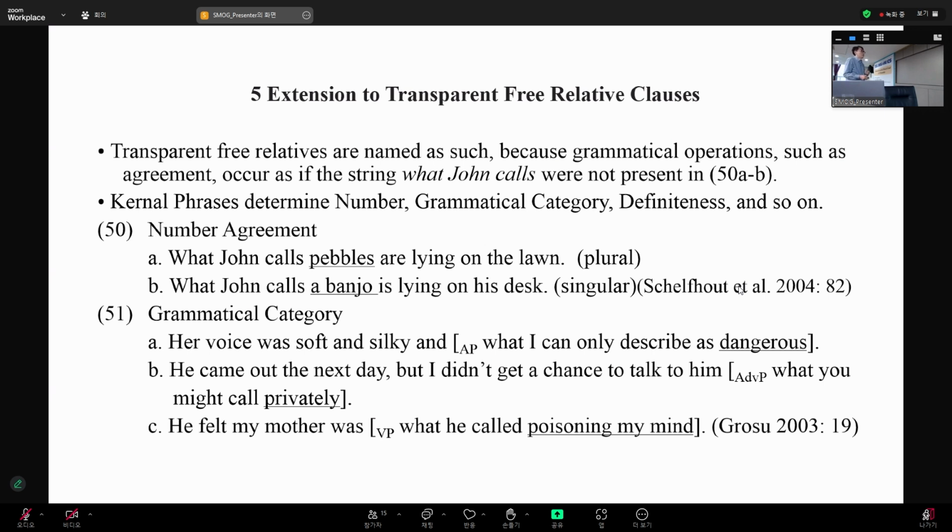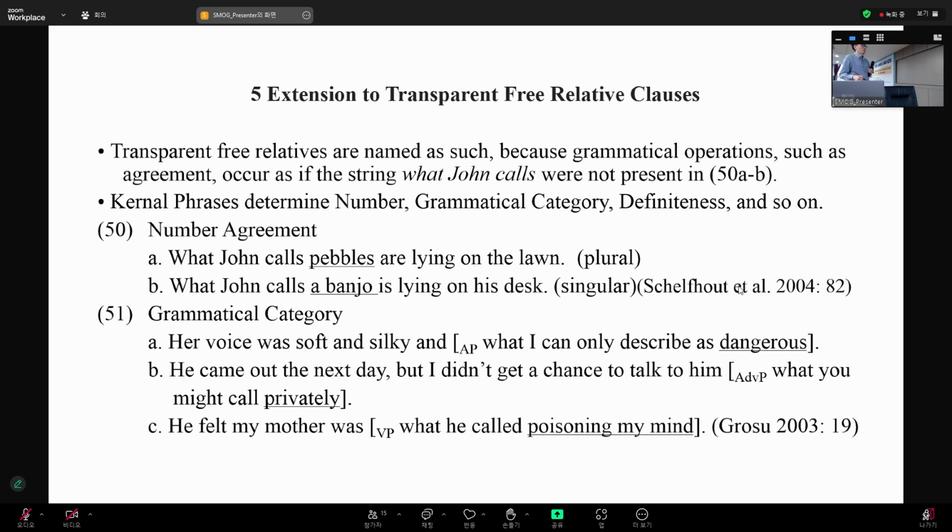The sentence 51a: A voice was soft and silky and what I can only describe as dangerous. In here, the clausal phrase is dangerous. This determines the grammatical category of the full transparent free relative clause. So this is an adjective phrase. We have the same story in 51b.